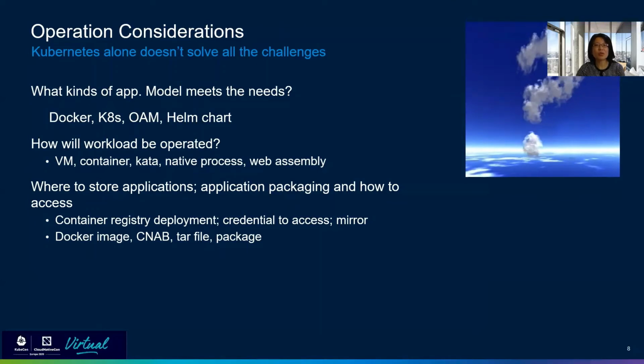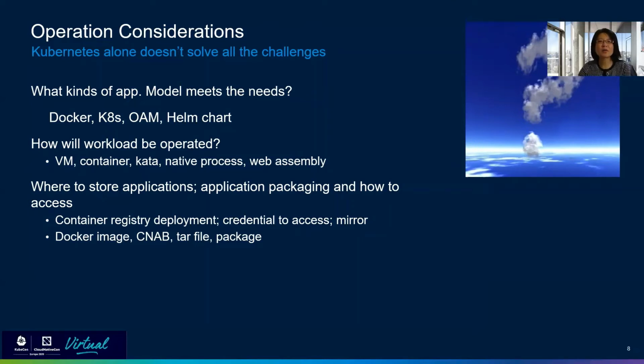Docker is straightforward, though it has limited capabilities. Kubernetes is very powerful, but complicated. Helm chart allows customers to describe the workflow of complicated application deployment. OAM was targeted to separate application components and operational configuration and make the deployment easier.